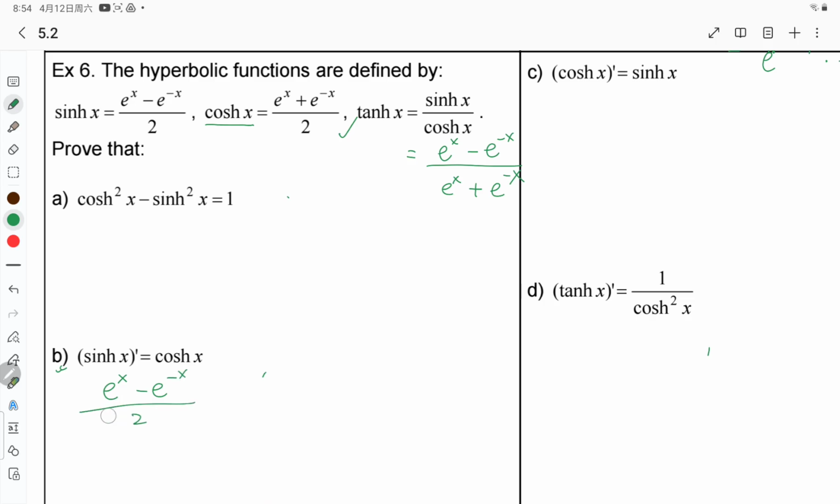But again, this is nothing but just the derivative of the exponential function, right? So actually, this would be a piece of cake for you guys, right? As e to the negative x, we have minus 1/2 and then times -1, right?